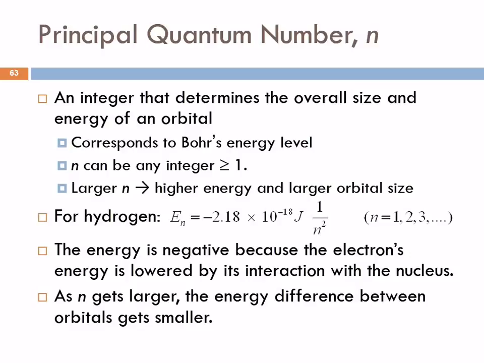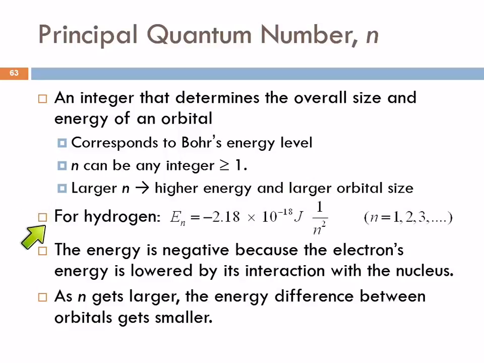In that diagram that we saw of the Bohr model, there was n equals 1, the first orbital, n equals 2, the second, and n equals 3. These quantum numbers correspond to the energy levels in the Bohr model. But the Bohr model talks about electrons traveling in orbits, and the quantum model has them in these regions, these orbitals. So n can be any integer greater than or equal to 1, so it can't be 0, can't be negative. The larger n is, the higher energy the electron has, and the larger the orbital is.